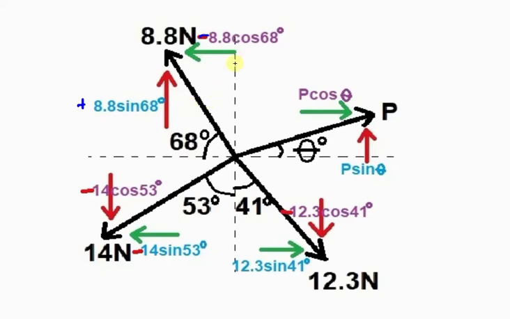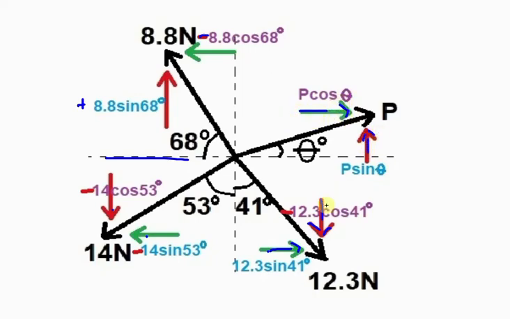This is negative because it's on the negative y-axis. This one will be negative also because it's on the negative x-axis. This one is positive because it's on the positive x-axis. This one is negative because it's on the negative y-axis. This P sine theta and P cos theta are both positive because they are both on the positive x and y axes.